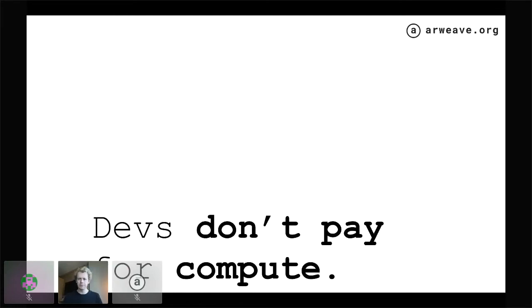And Amplify Network is making this part of their mining algorithm, essentially, that you should answer these gateway requests correctly for your users in an incentivized way, while also not charging the user. But that's another conversation. But this is a pretty key principle. The developer no longer has to pay for compute, so the business model that they employ can be different.